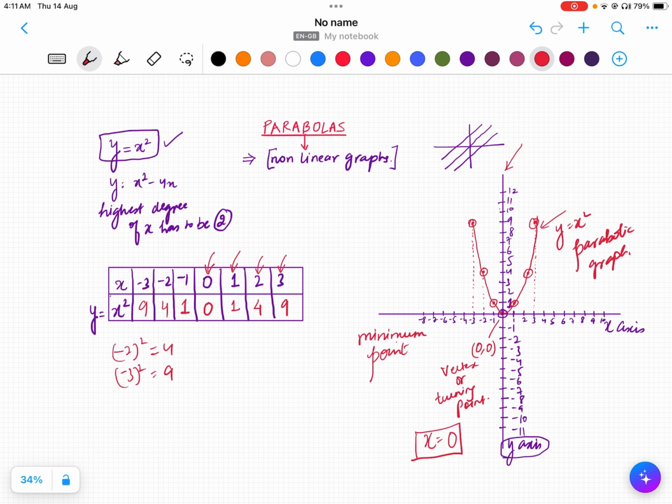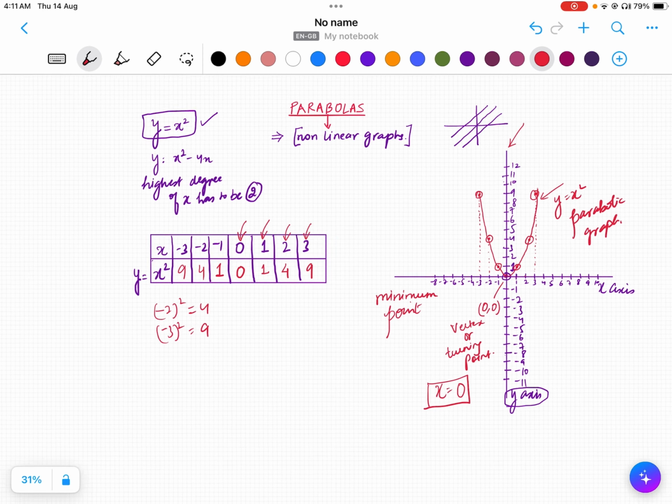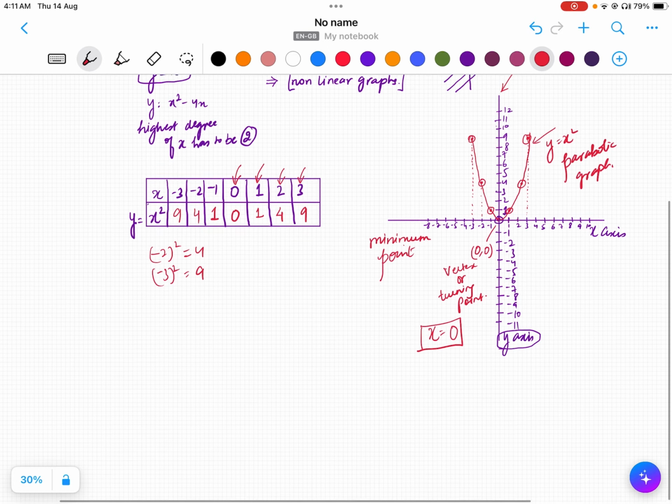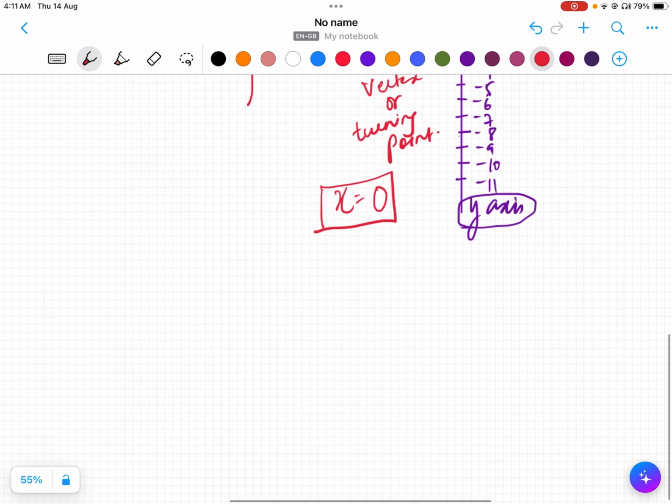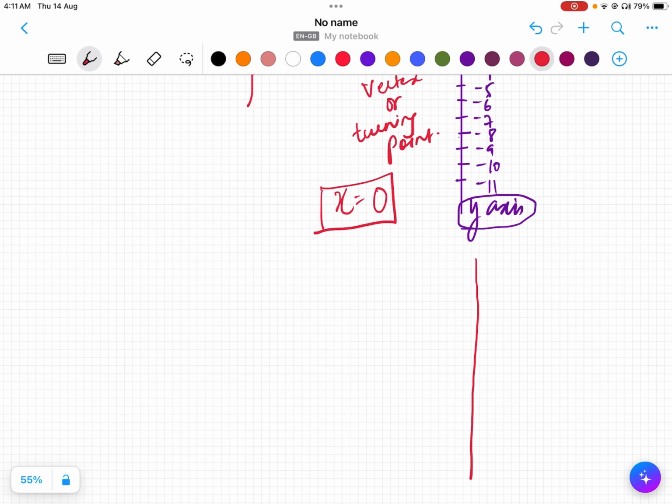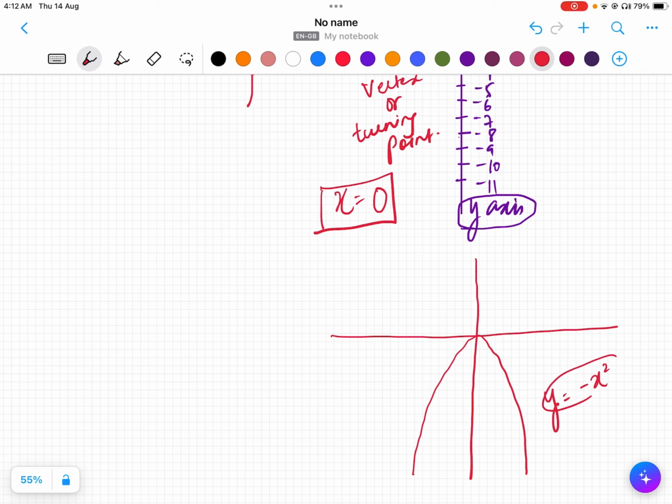Okay. Let's say if the graph is reflected. Reflected means if you plot the axis like this and you get the graph like this, for y is equal to minus x square. This is called the reflected graph.